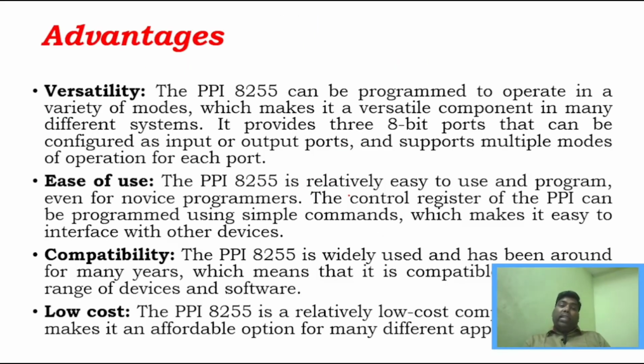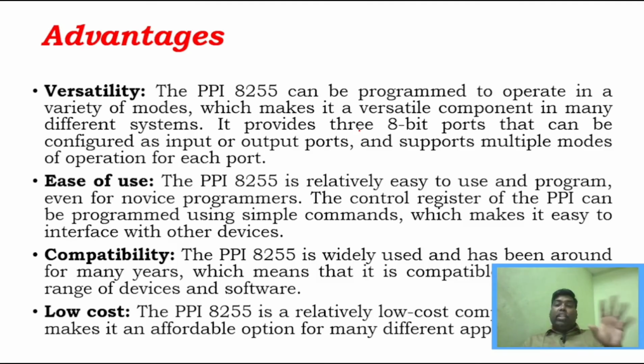Coming to the advantages, the predominant purpose of the 8255 is to increase the interfacing capability of the 8085 and 8086 microprocessors. So it is very versatile. We have a variety of modes and three different ports. It can be configured for input and output, and it supports multiple modes of operation as well.